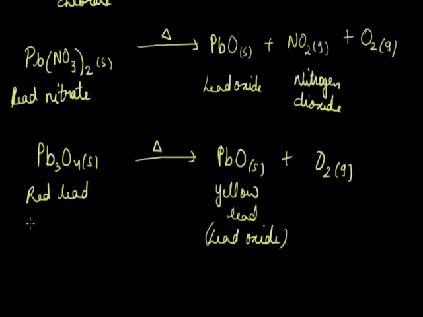It is a mixture of PbO and PbO2, where the two types of oxides exist together. This is the red oxide, red lead.